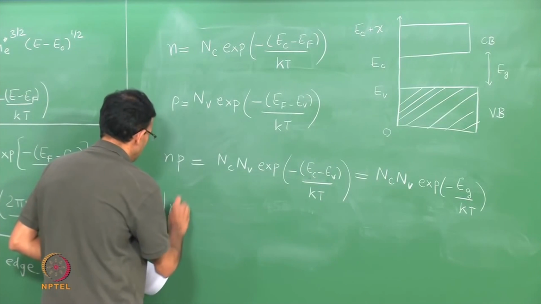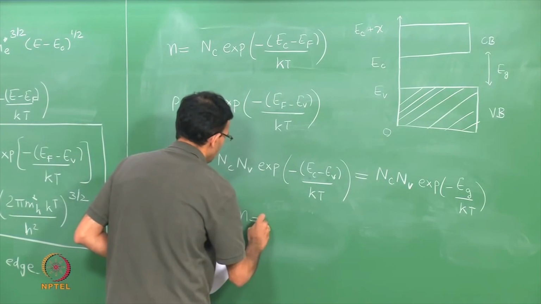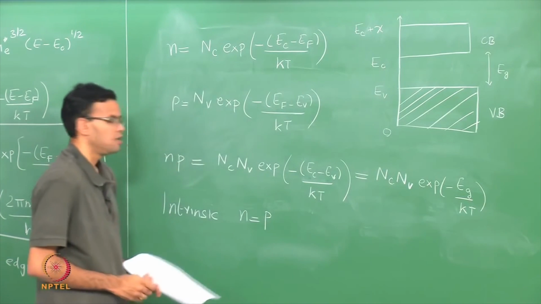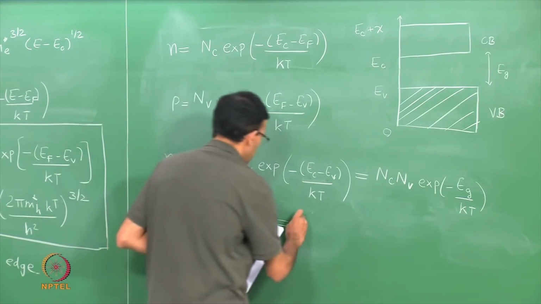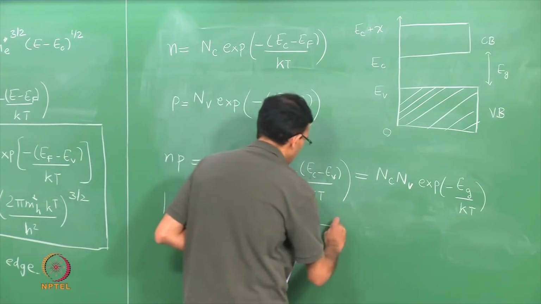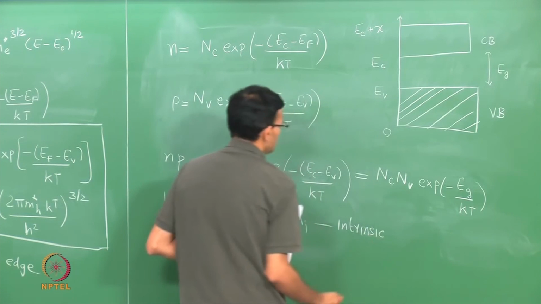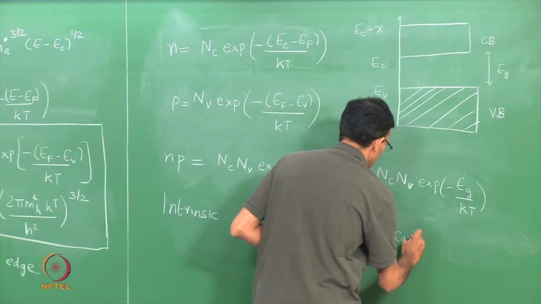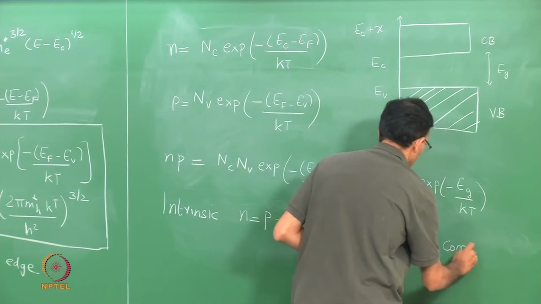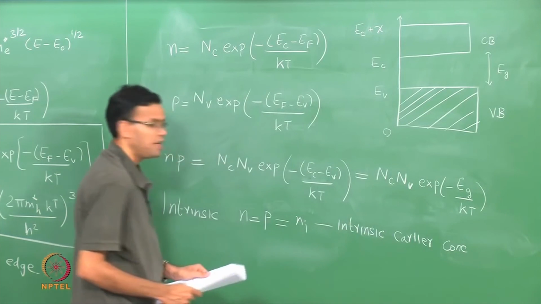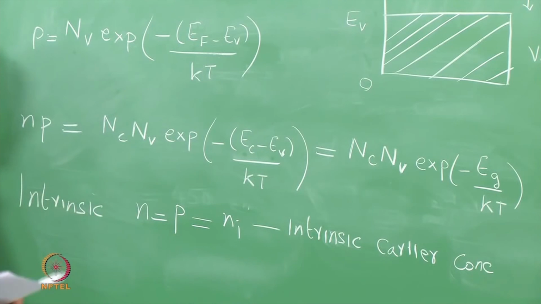So, in the case of intrinsic semiconductors, n, which is the concentration of electrons, is equal to p, which is the concentration of holes, and this is usually denoted as ni. ni is called the intrinsic carrier concentration. So, for an intrinsic semiconductor, n equal to p equal to ni.